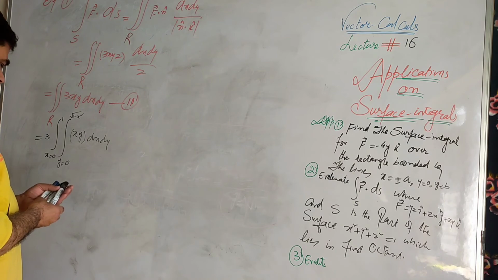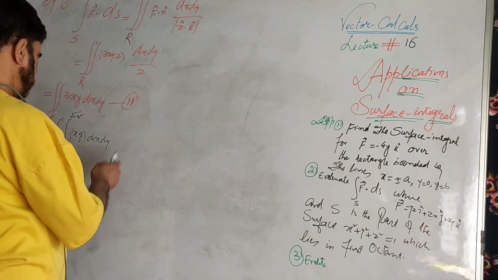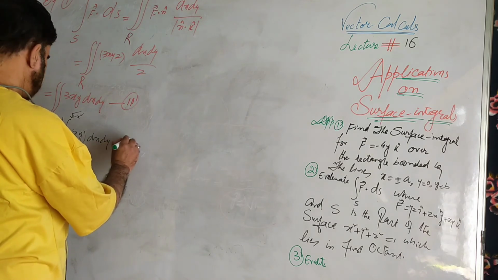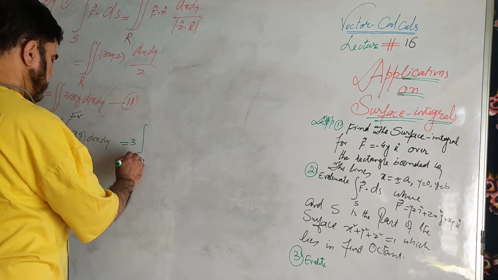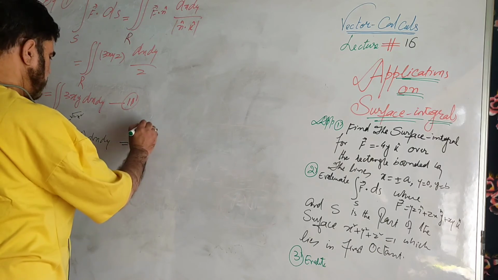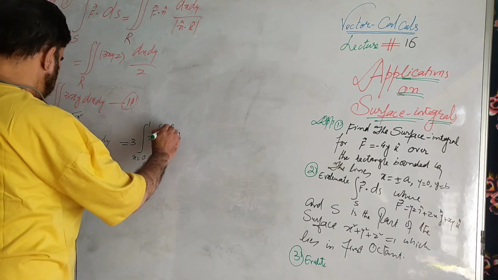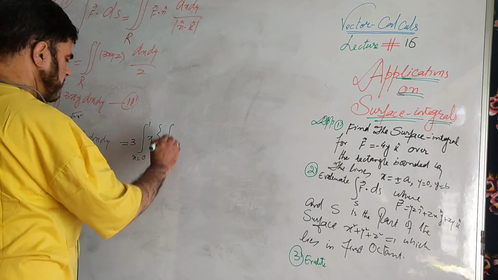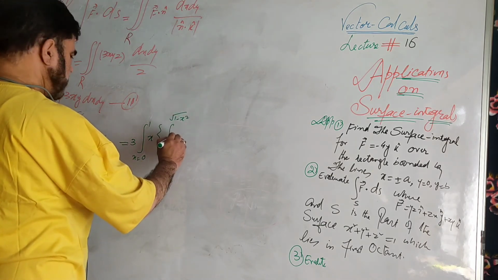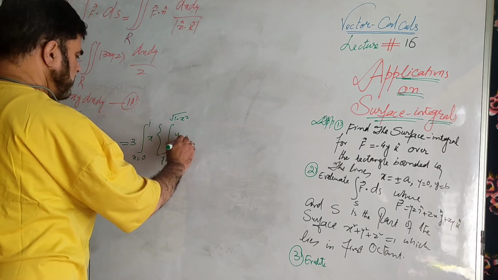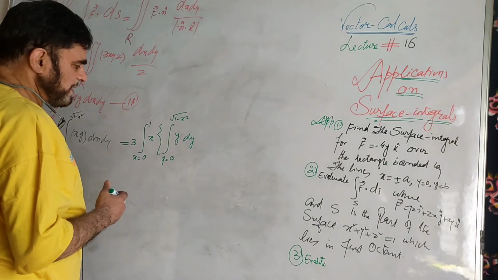Let us evaluate this. You can write it now. This is 3 times integral x going from 0 to 1, x I will write here, then integral y going from 0 to under root of 1 minus x square, y dy, because we have to give dy with that integral which has the limit y running.